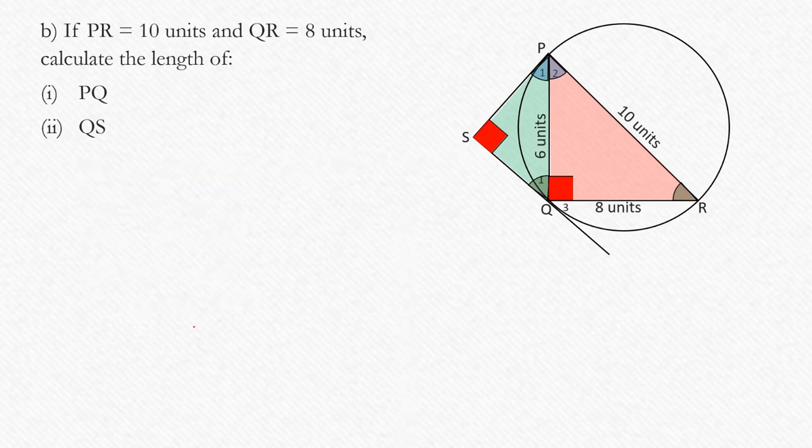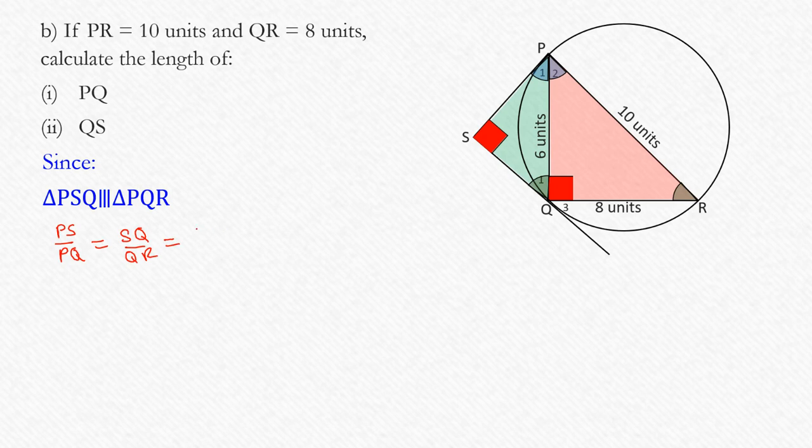Remember, we managed to prove that triangle PSQ is similar to triangle PQR. So from here we can say that PS over PQ is equal to SQ over QR is equal to PQ over PR.